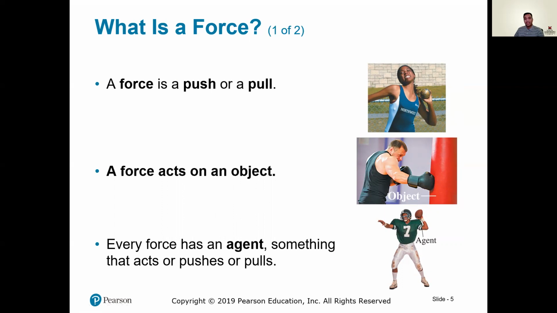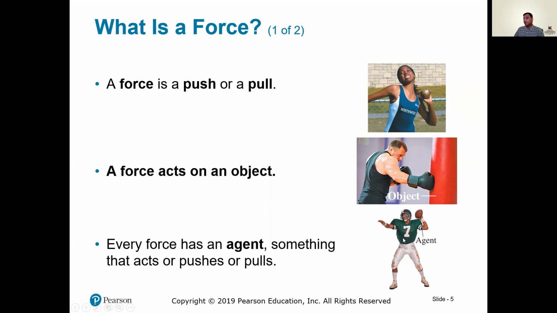Now, every force has an agent. And every time you are thinking about what is an agent of a force, you should think about what is causing the force. In most cases, you will see that there is a certain entity that is in contact with the object. For example, if somebody is throwing a ball, this football player is making a pass, right?